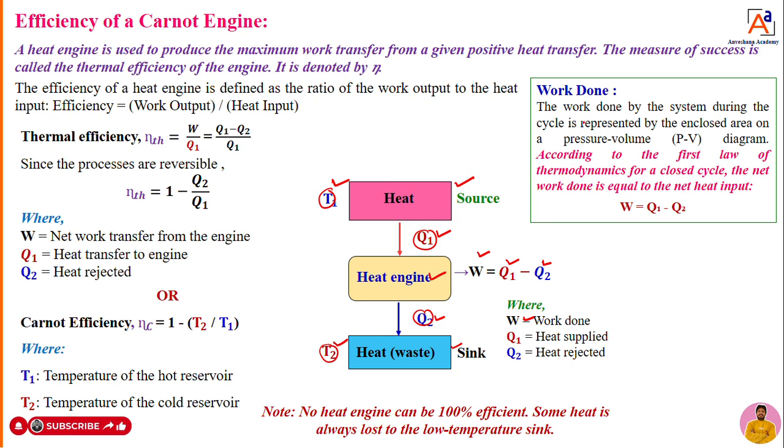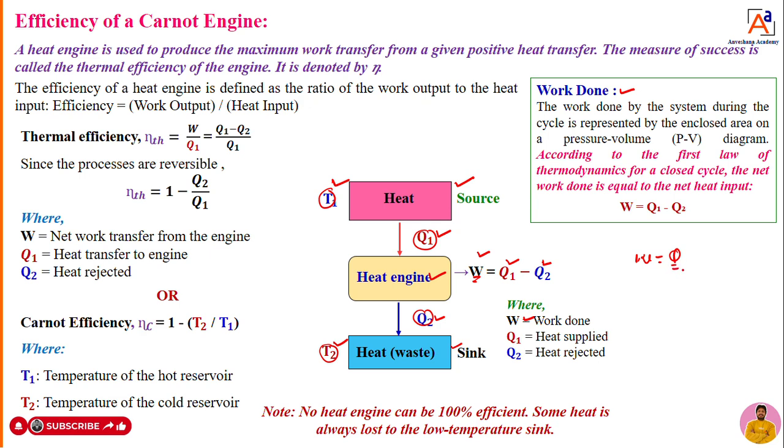We already know the work done here. How do we calculate this work done, Q1 minus Q2? It is calculated based upon the first law of thermodynamics. The first law states that the amount of work done is equal to the amount of heat supplied. So W is equal to Q, the net heat.